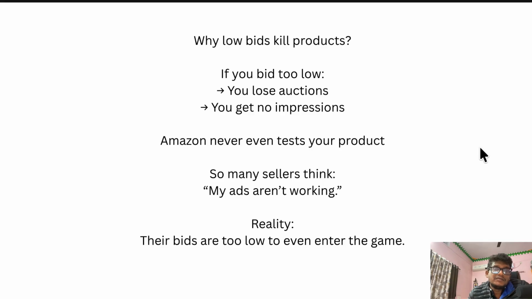Many sellers think my ads are not working, but in reality the bids are too low to even enter the auction. If you are not even able to enter the auction, how will you fight? If you want to fight a fair game, you need a higher or competitive bid in comparison to your competitors.